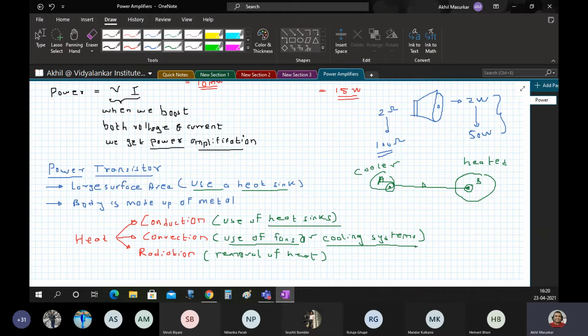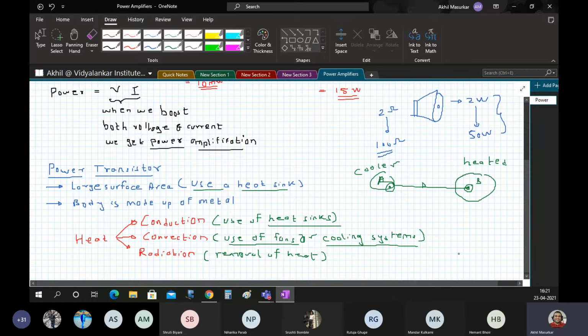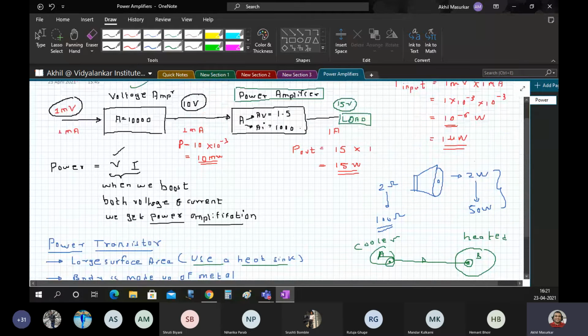So the amount of power in the signal is increased by amplifying voltage content by lesser extent, but current content by a greater extent. So generally, to drive a power amplifier, we also require a voltage amplifier.